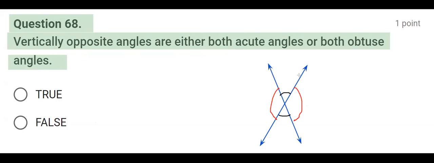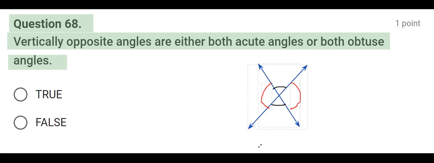It is clear from the diagram that these two are acute and these two are obtuse. So that means if one pair of vertically opposite angles is acute, then the other pair has to be obtuse.